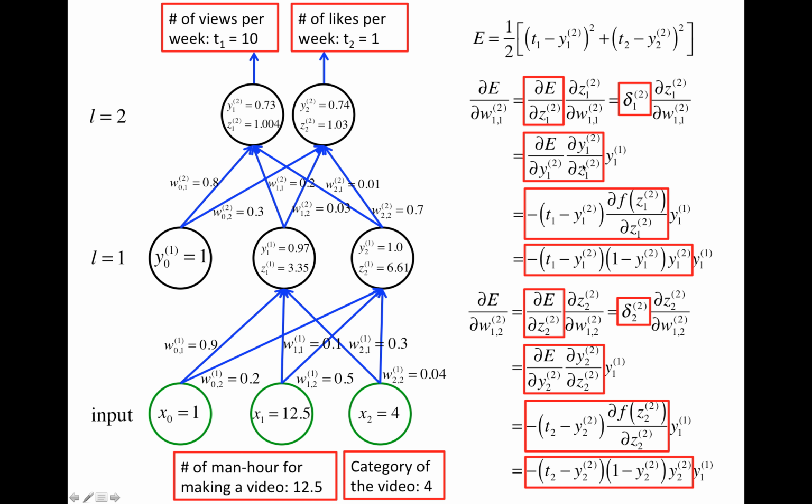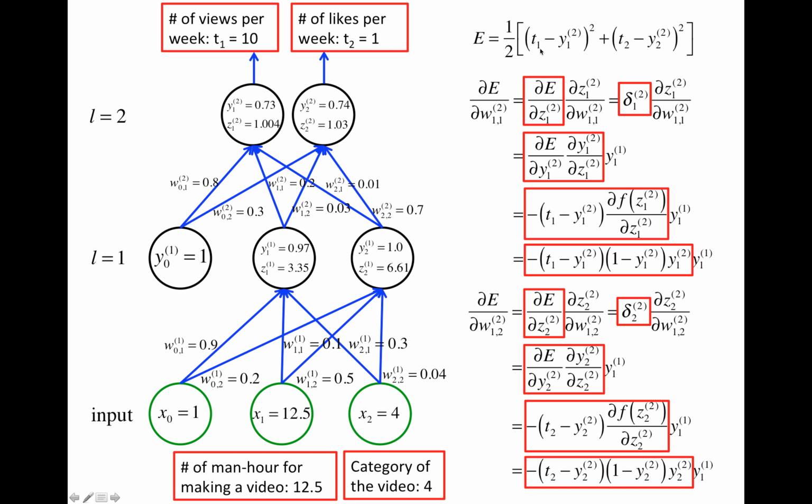The derivative of the error with respect to y21 can be easily obtained because we have this expression of the error in terms of y21 and y22 here. T1 and T2 are constants. They are true values, ground truths. So the derivative of E with respect to y21 just equals 2.